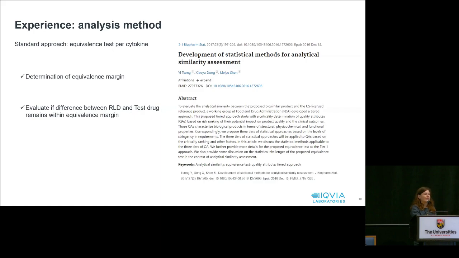So if you can prove that the difference between your RLD and your test drug is smaller than this equivalence margin, you can conclude that the 2 products are equivalent. So that's the first step. And then in the second step, of course, you have to actually test if the difference between RLD and test drugs remains within these equivalence margins. So this paper is, of course, not specific to ERMI assays. And in the next few slides, I will go more into detail on how we implement this strategy for the ERMI assays.